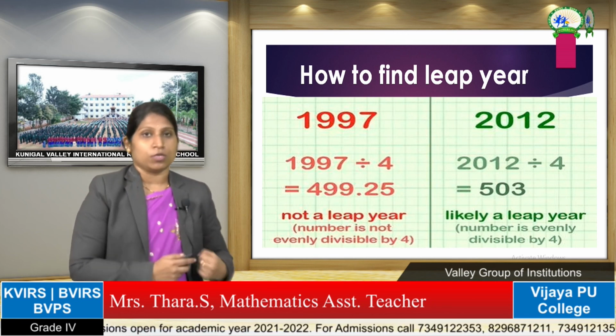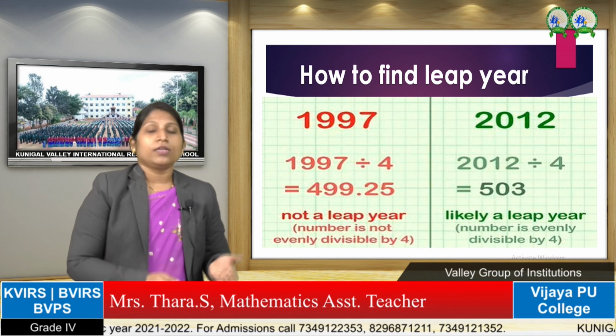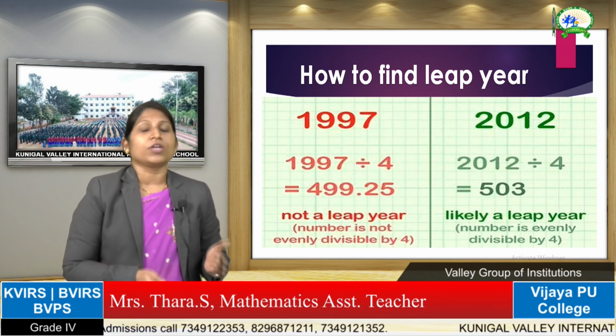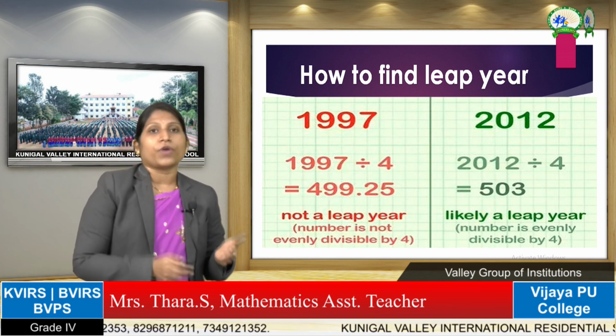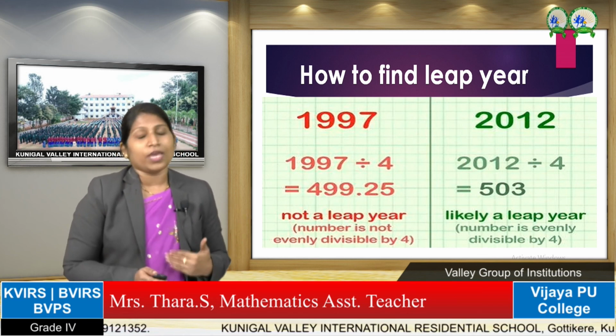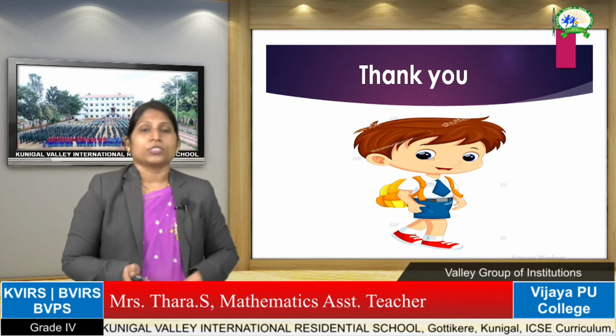The remainder should be 0, but here it is not. That's why 1997 is not a leap year. Another example, on the right-hand side we have 2012. It divides easily by 4, giving 503. So 2012 is a leap year. Okay, this is the method to find out the leap year, children.